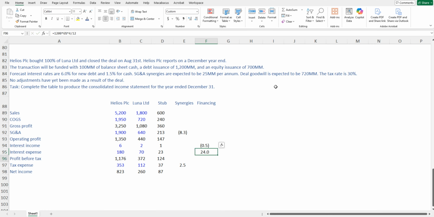That's 24. So interest income is lower and interest expense is higher. That ultimately affects the profit. Profit has been affected, tax can be paid less, right? 30% times -1, right? And now we can calculate the consolidated income statement.